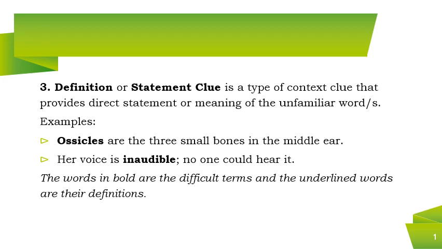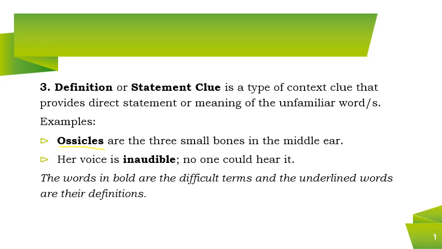The unfamiliar word is ossicles, and it is being defined as the three small bones in the middle ear. So the sentence uses a definition or statement clue because ossicles is being defined.